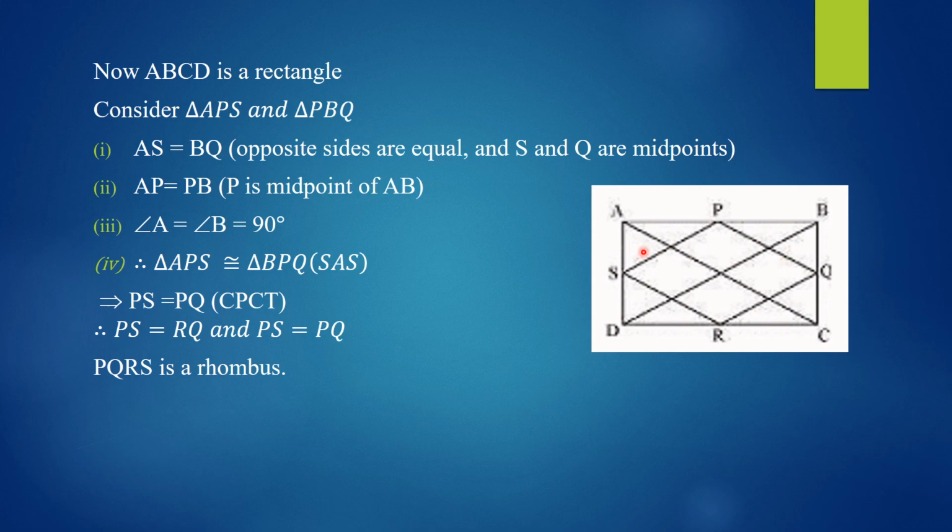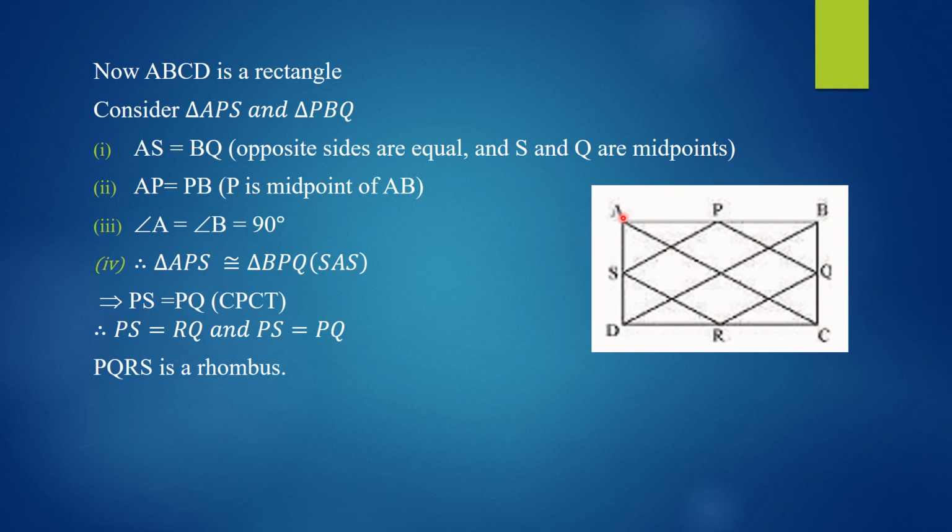For this, we are going to take two triangles APS and BPQ. We can write AS is equal to BQ because AD equals BC and S and Q are the midpoints of the sides AD and BC.